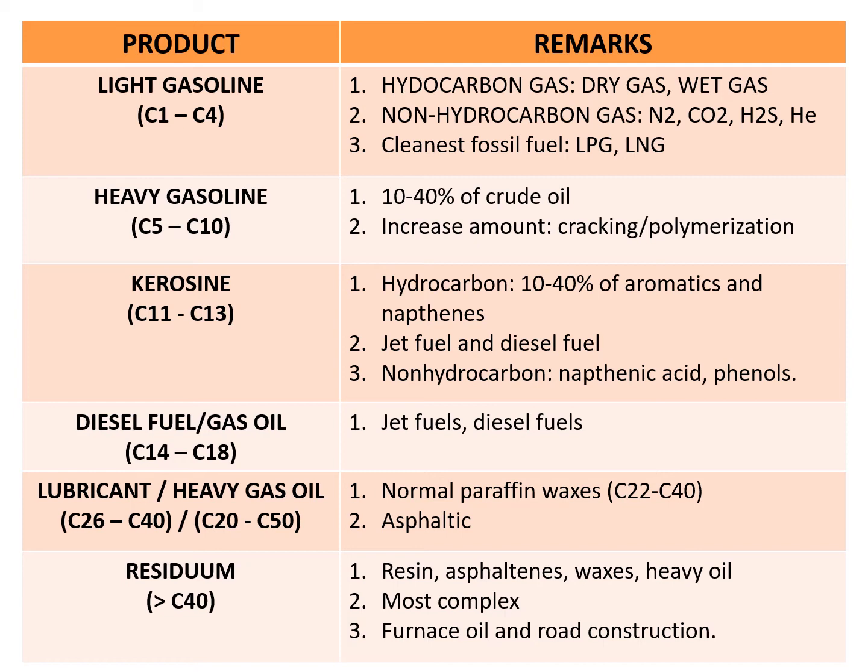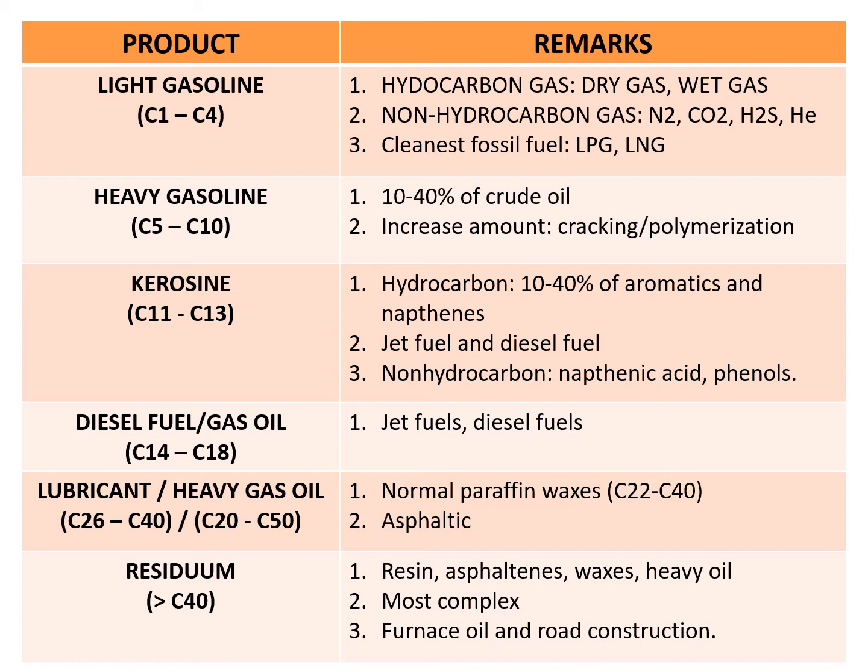Alright, next, kerosene here is the hydrocarbon that contains 10 to 40% of aromatics and naphthenes, and it is useful for jet fuel and diesel fuel. It also contains non-hydrocarbon compounds that can produce naphthenic acid and phenols.